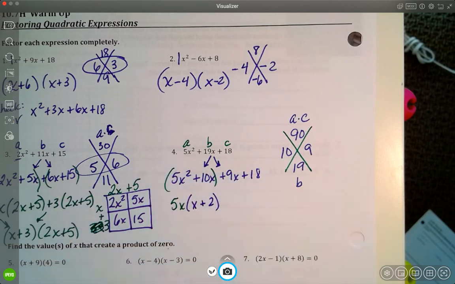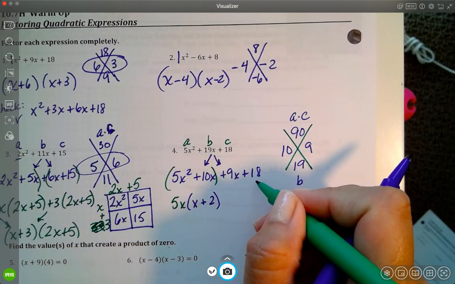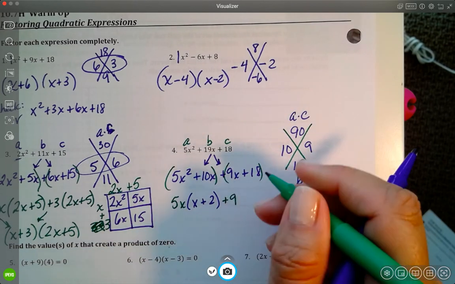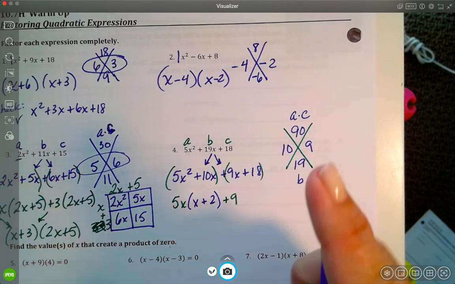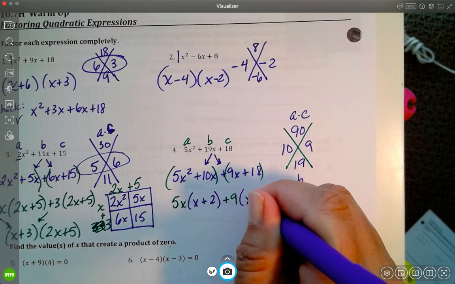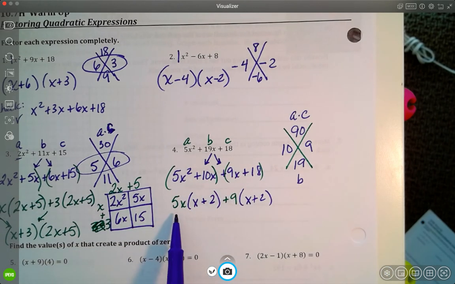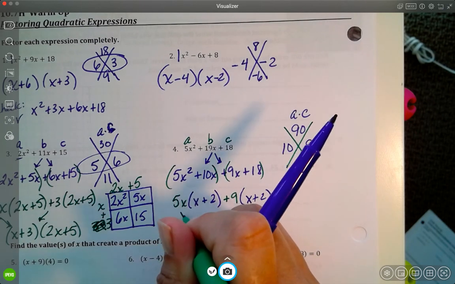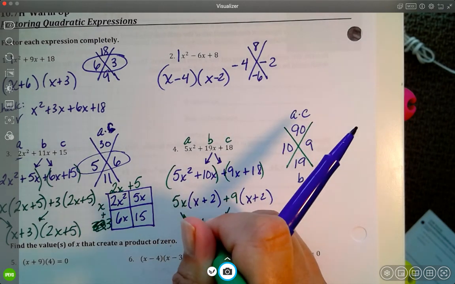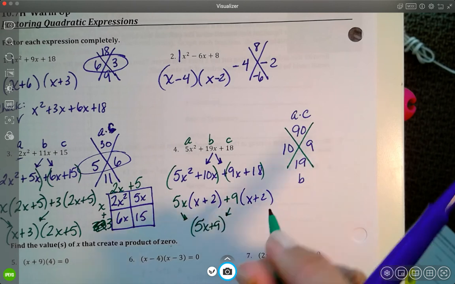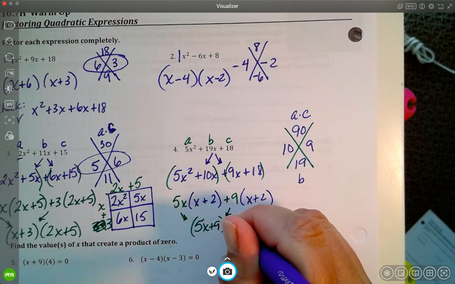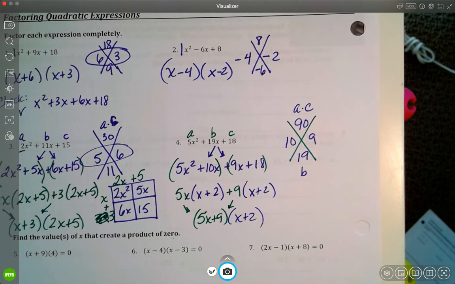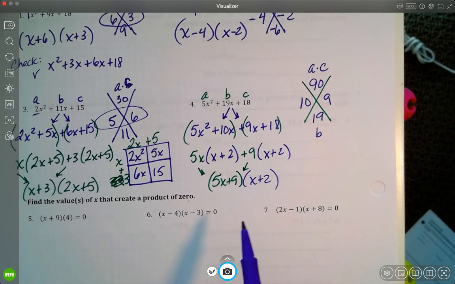And then what is my greatest common factor here? 9. And what do I need to get back to it? x plus 2. So since 5x and 9 are both being multiplied by the same thing, I'm going to put them together, 5x plus 9, and they're both being multiplied by x plus 2. So this is my factored form. And again, if you're not sure you're correct, then you can just FOIL it out and see if you get back to where you started.